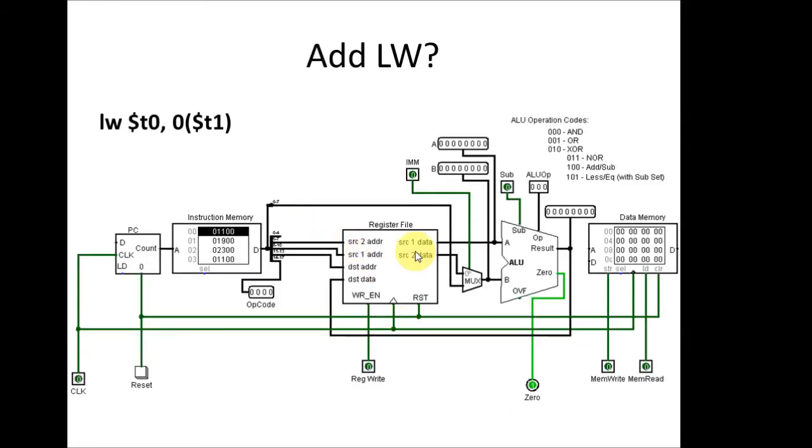So in this case, we're going to use the immediate format, so that gives us our offset. The source data comes back in. For the LW instruction, the immediate is the offset to our address, source 1 is the pointer or base address, and the result is going to be an address.